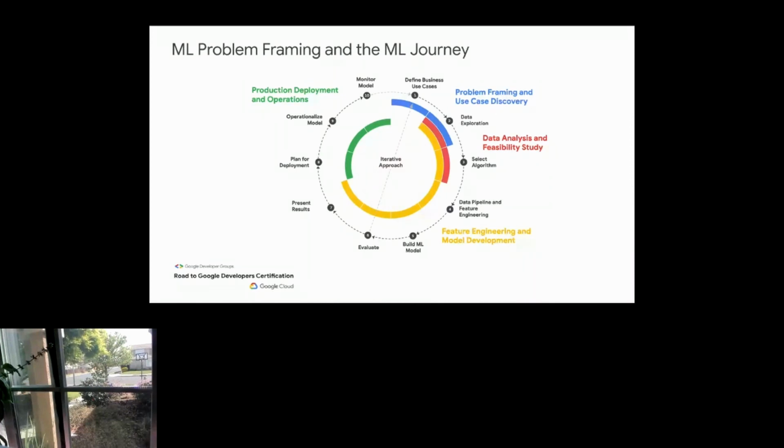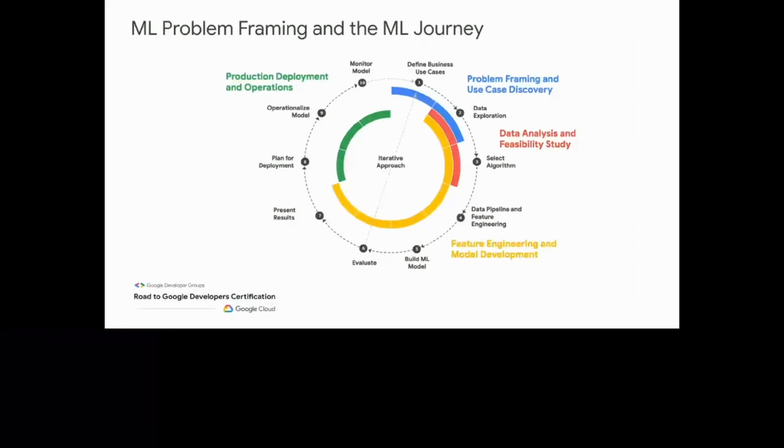The next step is to go through this data, the data analytics and feasibility study. That's where you explore the data. The initial part is making sure that you have all of this data available to you.